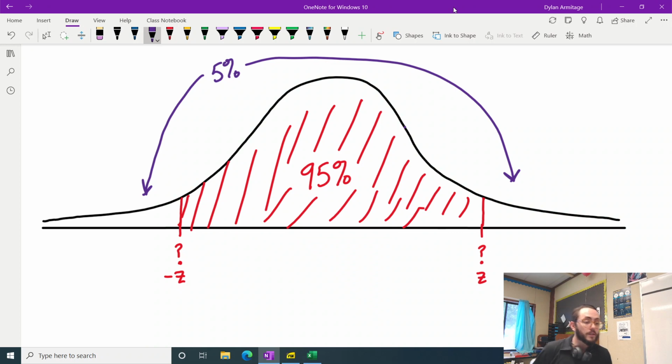It's contained within two separate tails. And when you add up both tails, you get 5%, which would mean that each tail individually would be 2.5%.